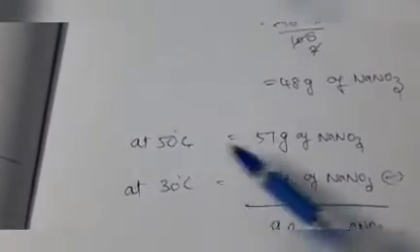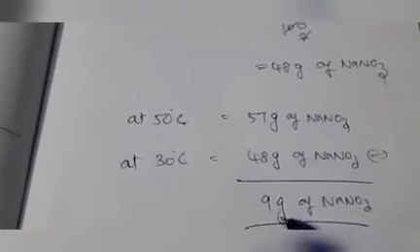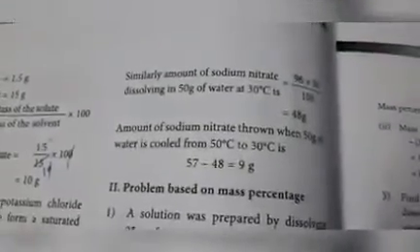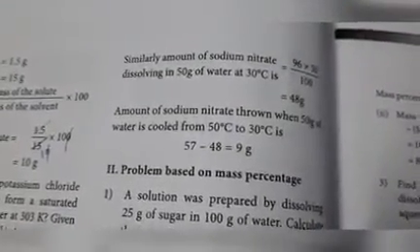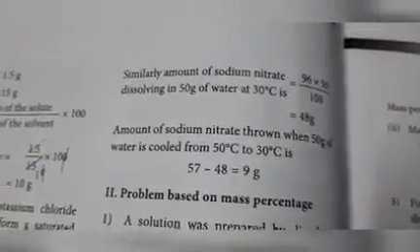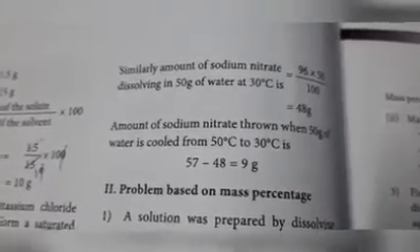If you decrease the temperature, how much sodium nitrate is extra? 9 grams of sodium nitrate. So the amount of sodium nitrate thrown out when 50 grams of water is cooled from 50 degrees Celsius to 30 degrees Celsius is 9 grams.